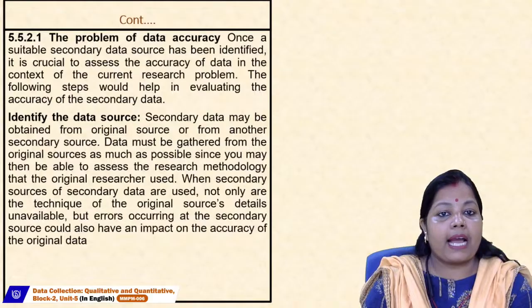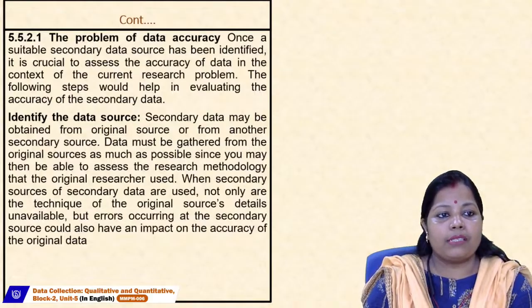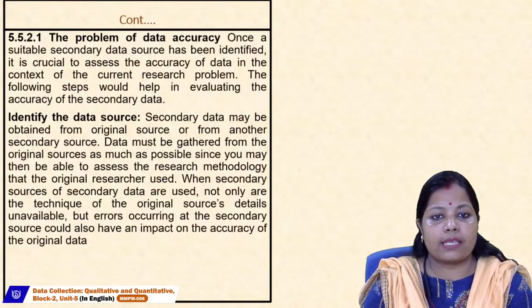The problem of data accuracy is one. Once a suitable secondary data source has been identified, it is crucial to assess the accuracy of the data in the context of the current research problem.